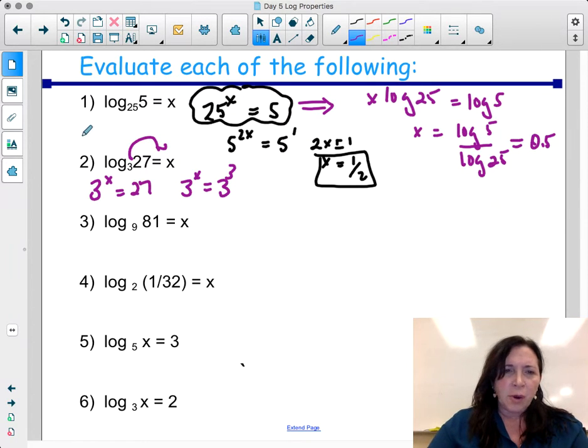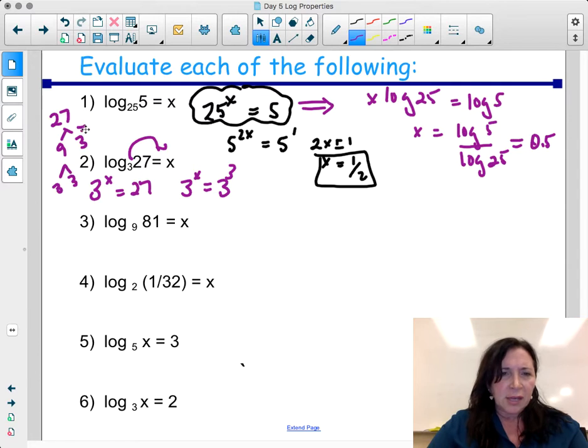You can always go off to the side and break 27 down to 3 times 9, and then 9 breaks down to 3 times 3, so that's 3 to the 3rd power, and that's where I got that 27. So now the bases are the same. I can set my exponents equal to each other, and I'm done.